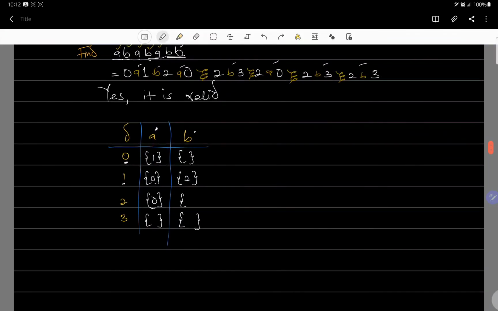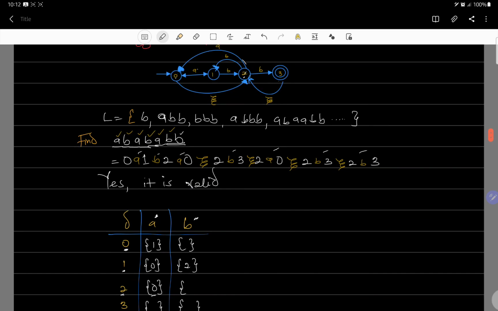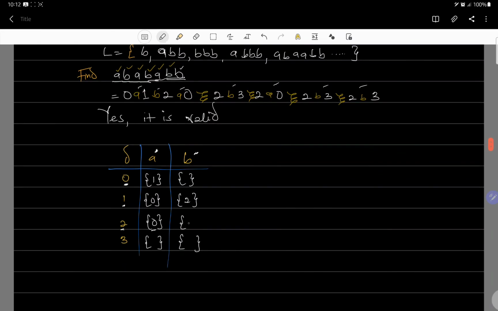All right, so from 2 you now want to pass through b. It can lead us to 3, and it can also lead us back to 1. So you write that it can lead us to 1, comma, 3, then close your bracket.